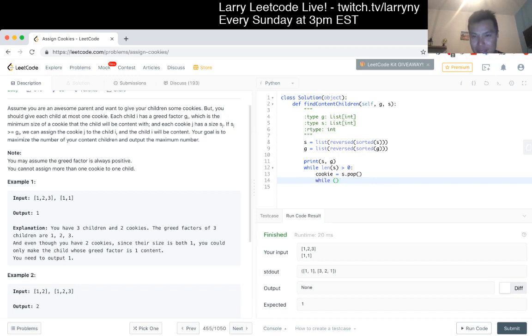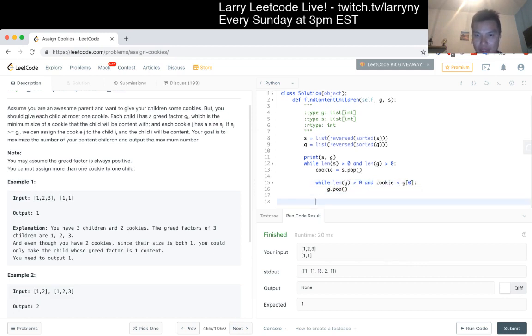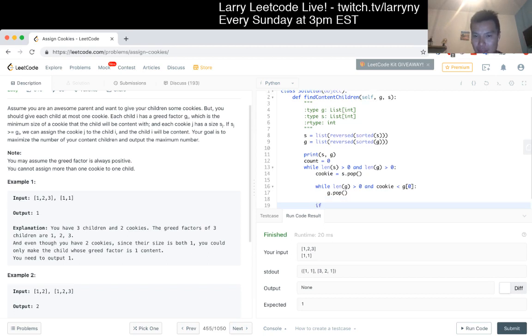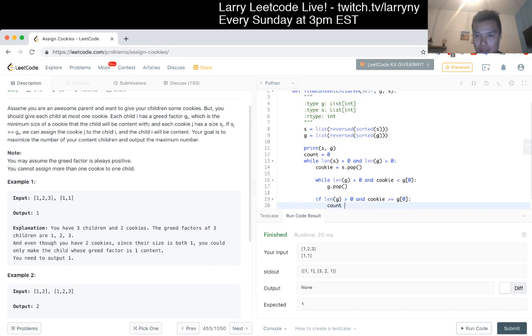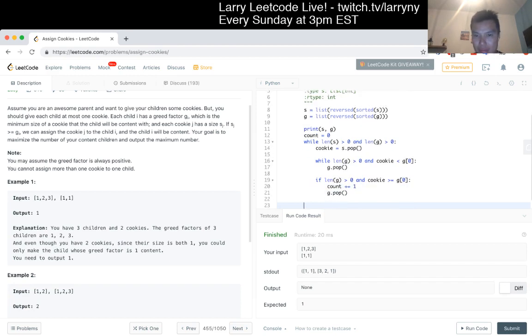Is there a peek? No, I guess we just. I guess this is the peek. Oh, I guess we should keep a count. Maybe something like that.